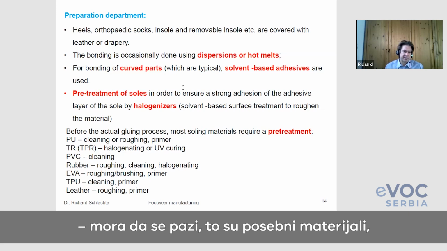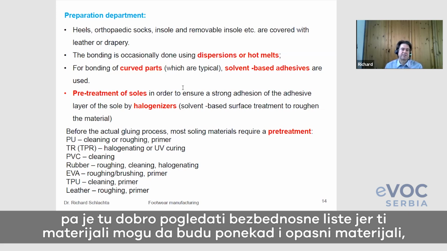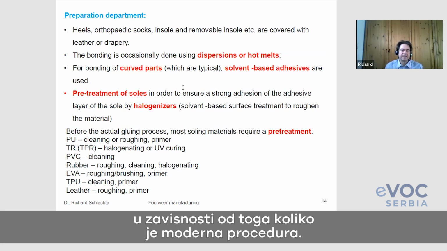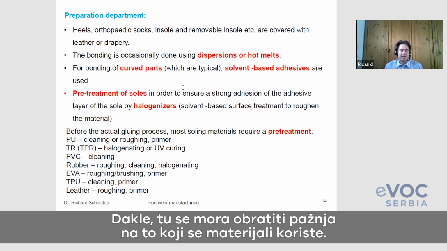So that means you have to take care. You use special materials, and here it's good if you look at the safety data sheet, because they can be, I would say, hazardous in some cases, depending how modern or what materials are applied. But here it's really worthwhile to have a deep look.